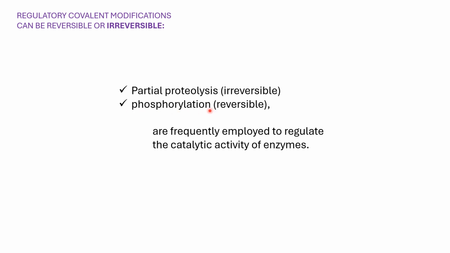Kinases add phosphate groups to serines and threonines and tyrosines, and there are specific kinases for specific amino acid targets within specific proteins. And the action of these kinases can be reversed by phosphatases, which remove that phosphate. So that's a covalent modification, which is very common for enzymes, and that's reversible. So irreversible and reversible. And we'll look at some examples of both of these.